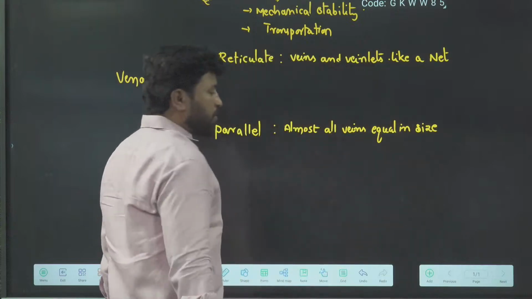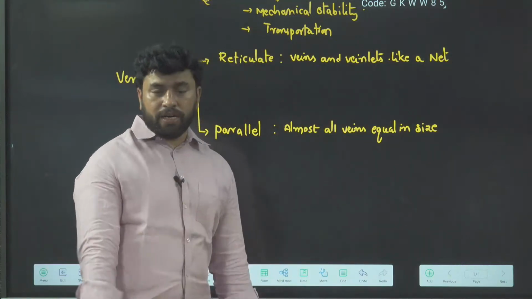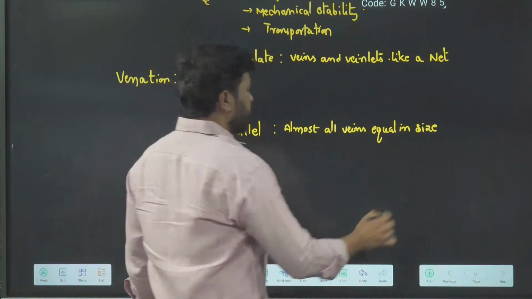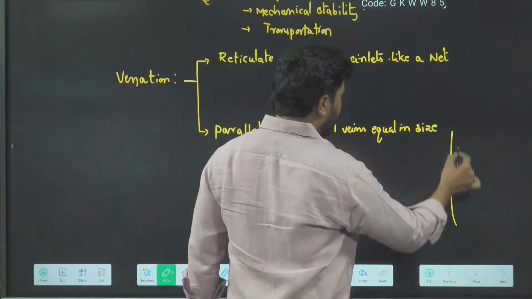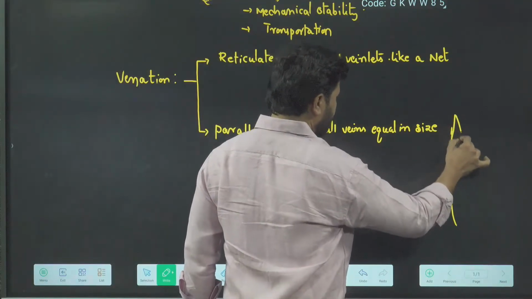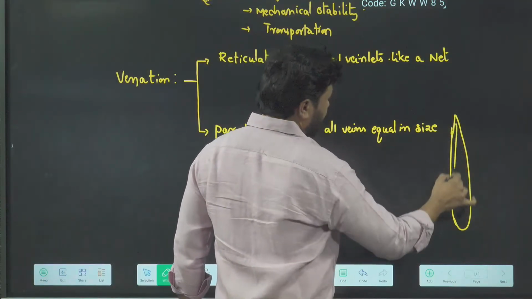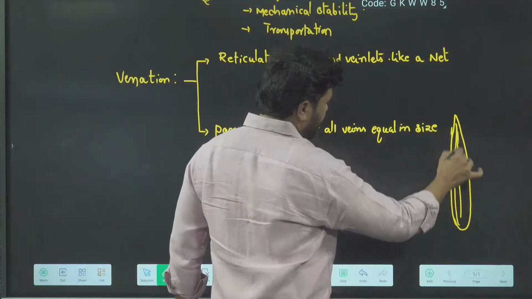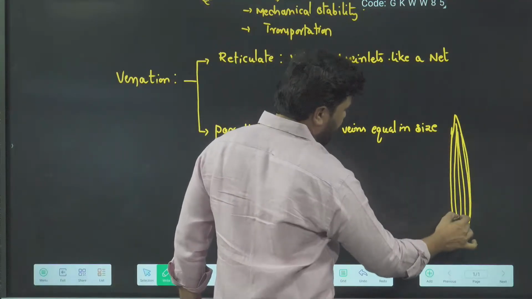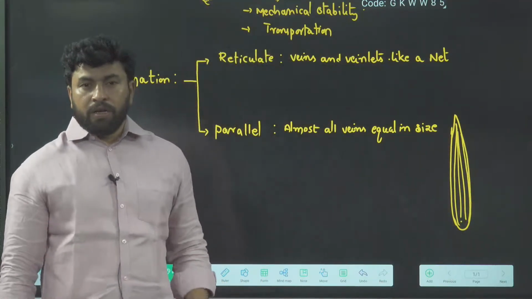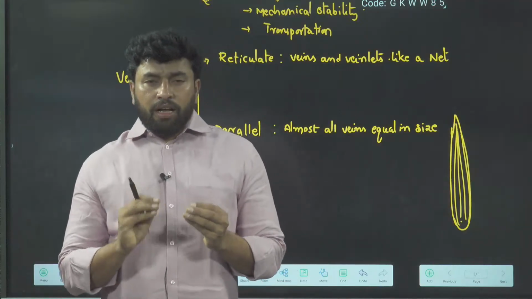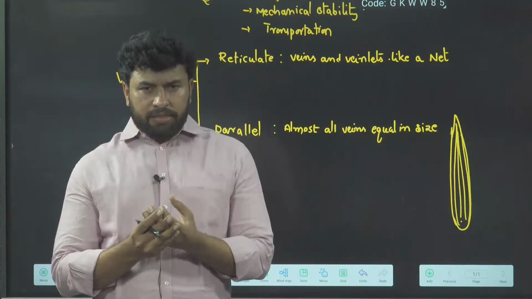That's okay. But they run parallel to one another. For example, if I consider a leaf which has parallel venation, all the veins run parallel to one another, so the veins are almost all the same in size.